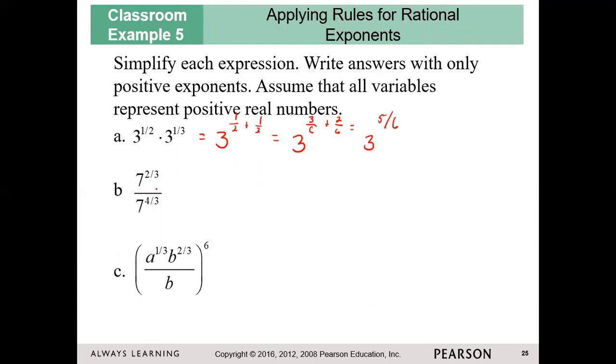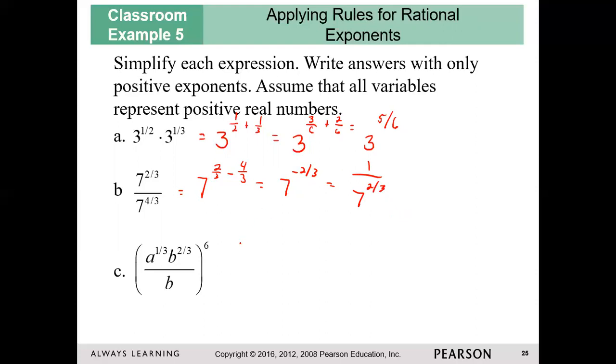All right. Same deal here. So you have 7 to the 2/3 power minus 4/3, which is going to give us 7 to the negative 2/3 power. And we didn't have an issue with having a common denominator here, but we do have a negative exponent, and we need to fix that because there's a rule for that. And we will fix it by putting it into the denominator where it belongs.